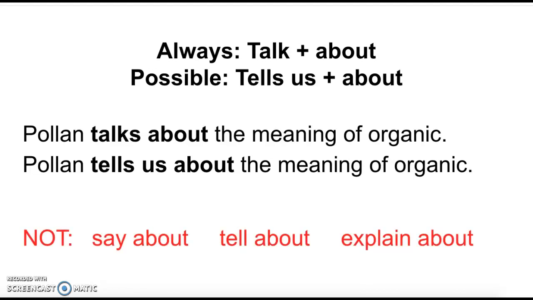You're not going to use about with say, tell, or explain. You would never say Pollan says about, Pollan tells about, or Pollan explains about. These verbs do not use about. Now notice you can say he tells us about, but you can't say tell about with no person in the middle.